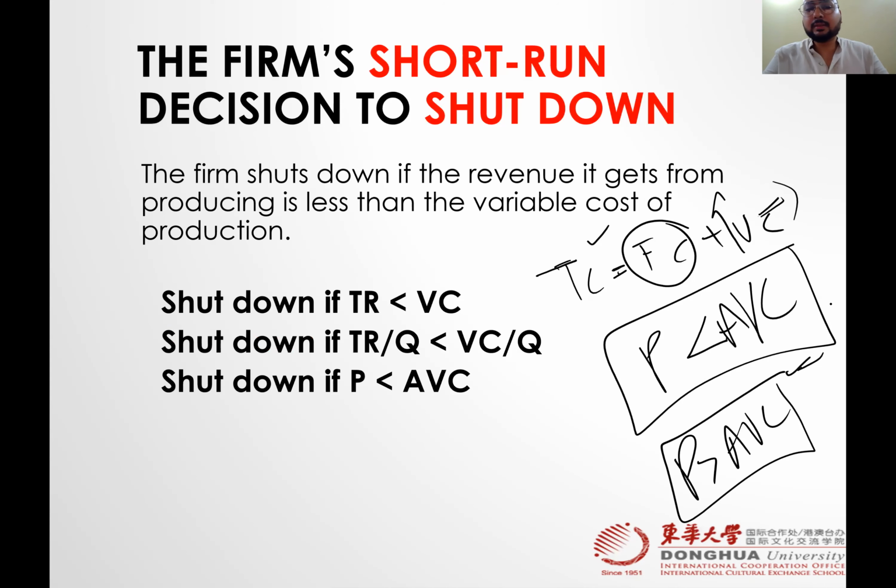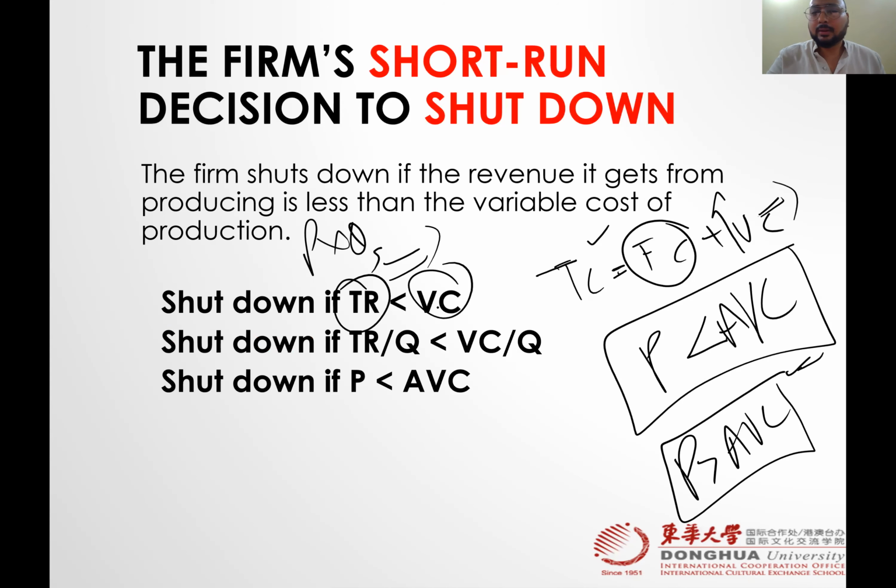So the shutdown condition is if your total revenue is less than your variable cost, which means your total revenue, which is market price times quantity sold, is not even covering your variable cost, which means the cost of raw material, cost of labor, and manufacturing overhead, right?